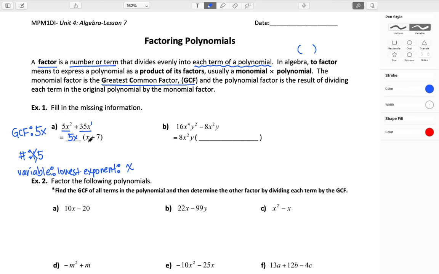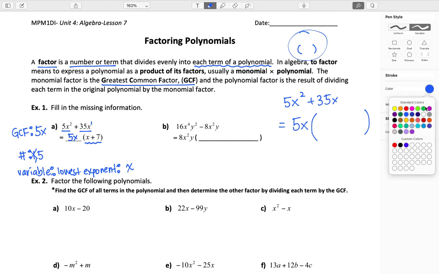And how do we get inside the bracket? Well, let me show you. What we're going to do is something called a division. So when we have 5x squared plus 35x, write down your greatest common factor, which is 5x, and we're going to put it in brackets. I need to have two terms here because I have two terms. So I'm going to divide.